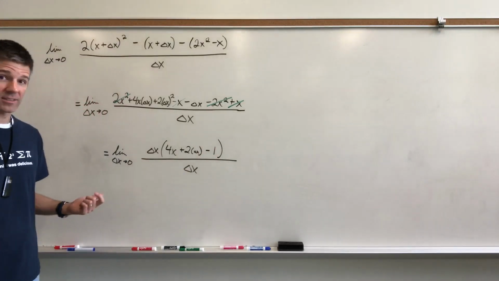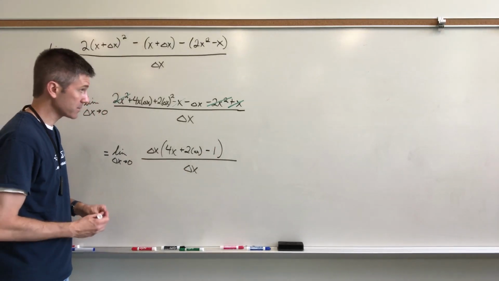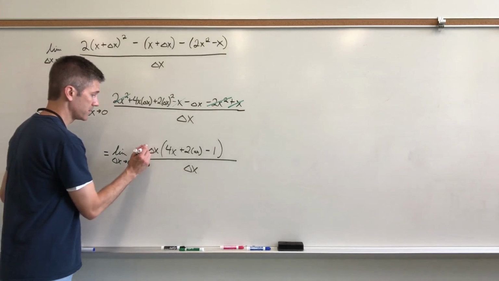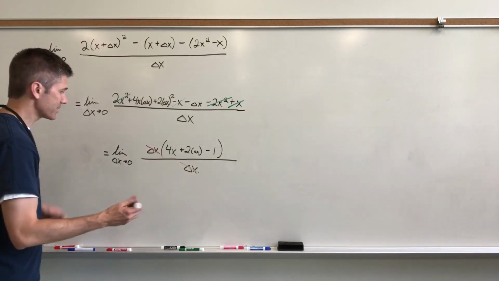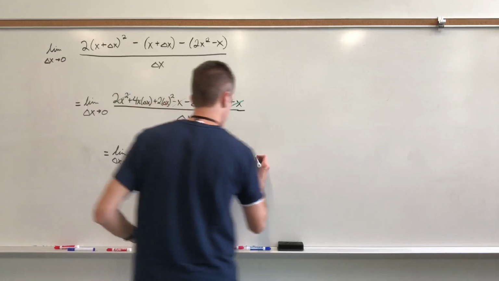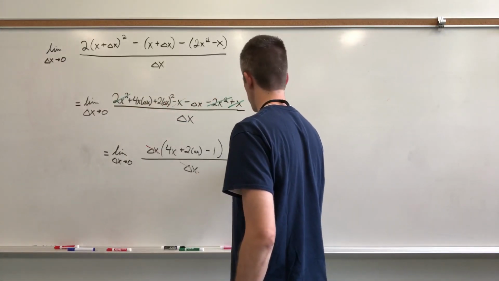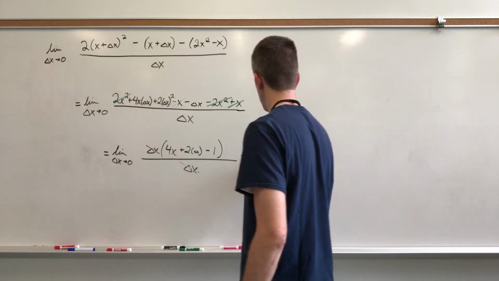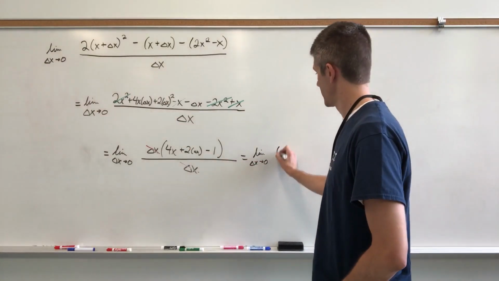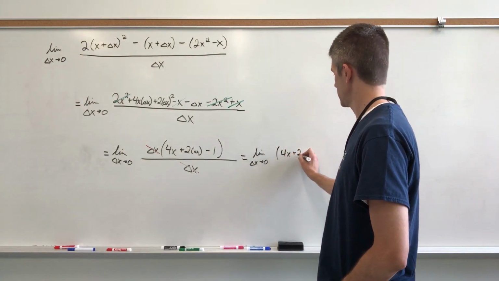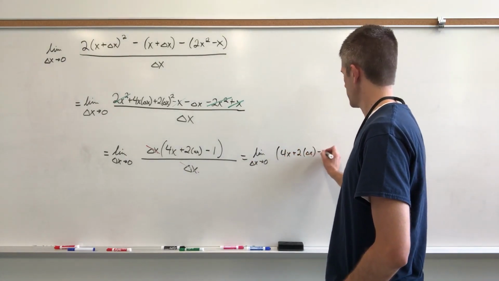And now I can divide something out. Done, right? So now I'm left with the limit as delta x approaches 0, and all I have left is just this: 4x plus 2 delta x minus 1.